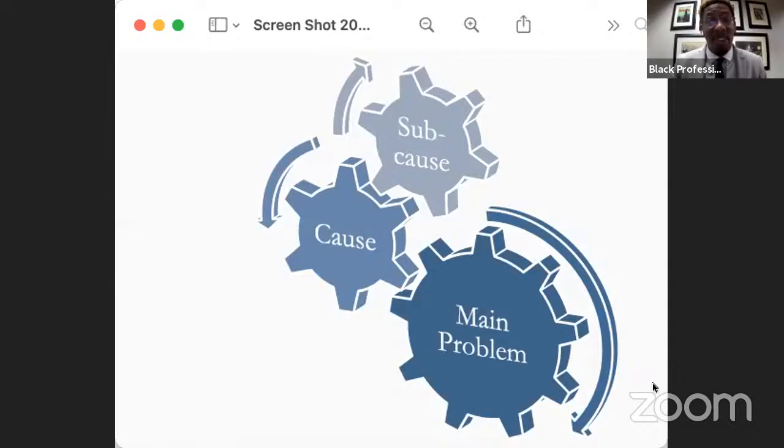Now you want to ask yourself, what is the cause of that problem? What is the sub-cause of the problem that is the cause of the problem? Yes, it gets confusing, and that's why I provided a graphic for it. So I guess the best way to ask that is, again, what are the causes of these problems, to simplify it a little bit. But if you look at the graphic, it is able to explain it a little bit better.